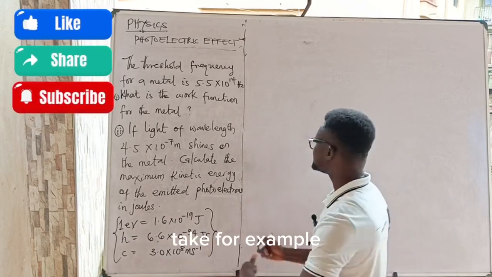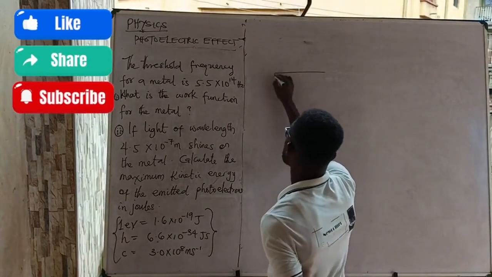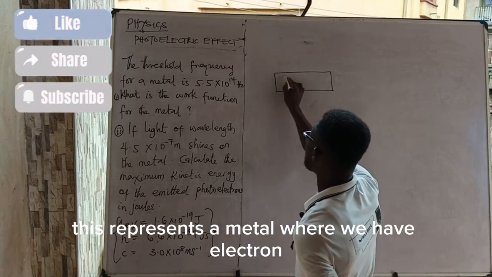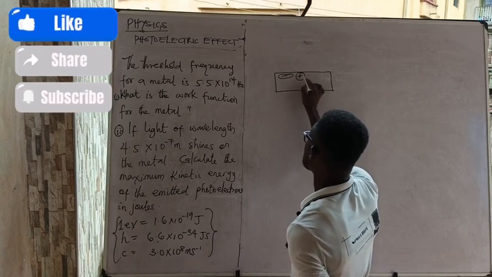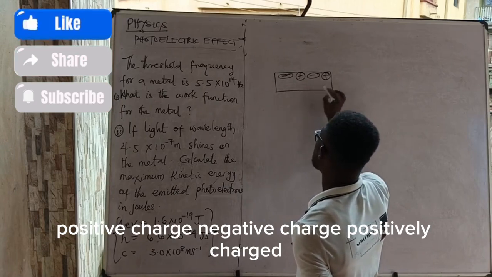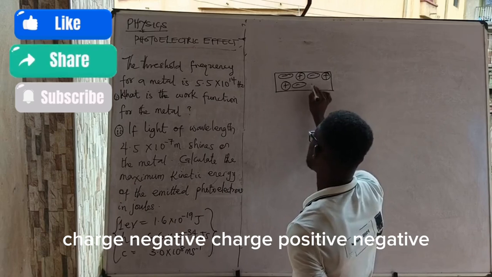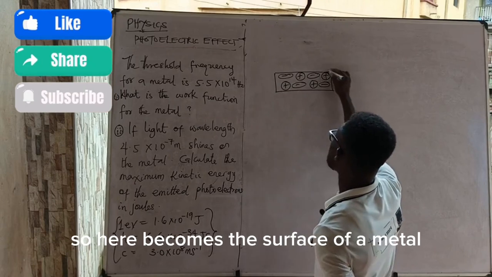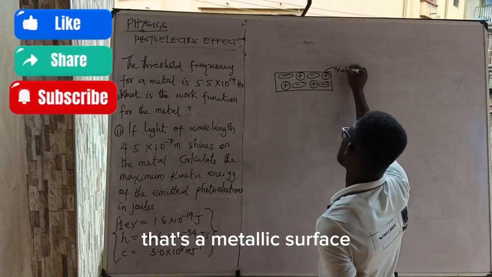Take for example, if we have a metal, let's say that this represents a metal where we have electrons, positive charge, negative charge, positively charged particle, positive charge, negative charge, positive, negative. So here becomes the surface of a metal. That's the metallic surface.